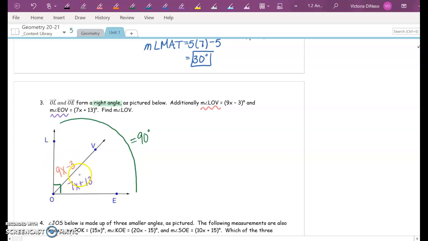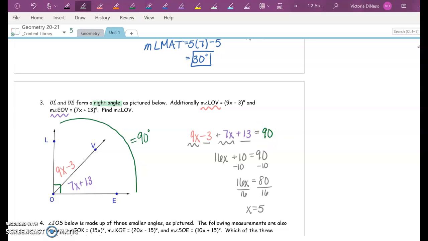So once again, we have two smaller angles that make up the larger angle. So I'm going to add 9x minus 3 and 7x plus 13 together and set it equal to 90 degrees. Go ahead and solve. When you finish solving, you'll get that x equals 5.